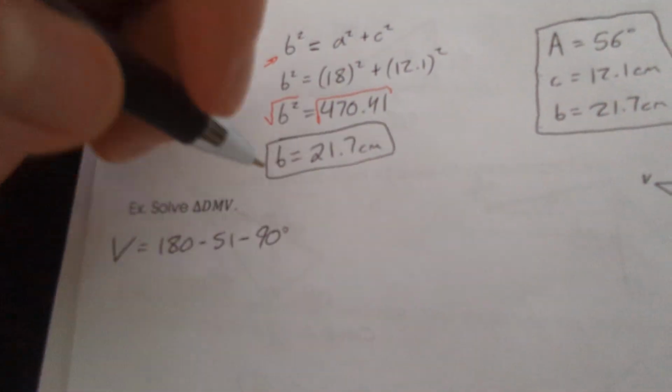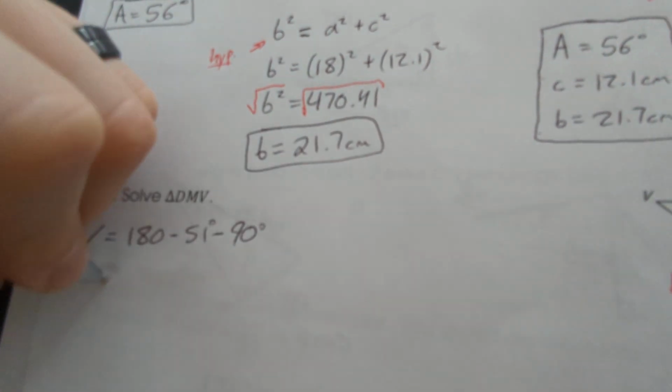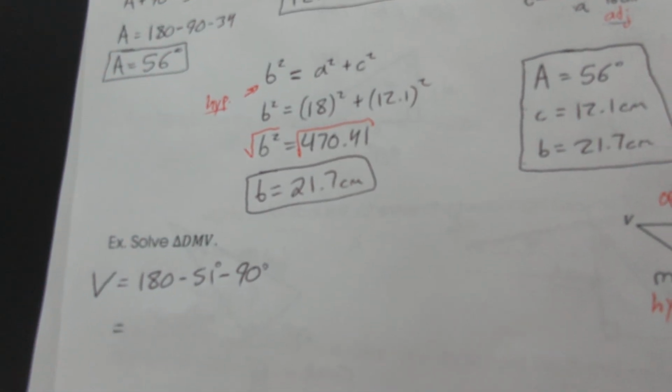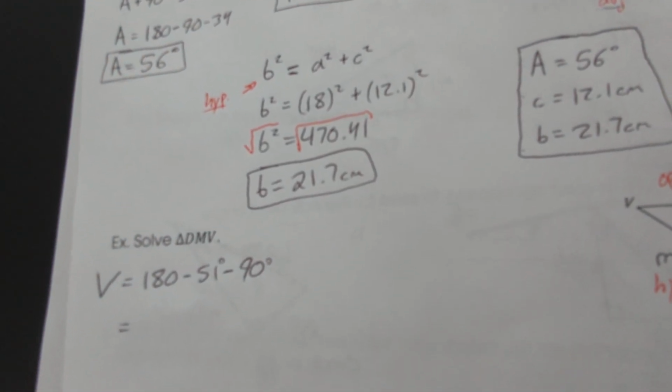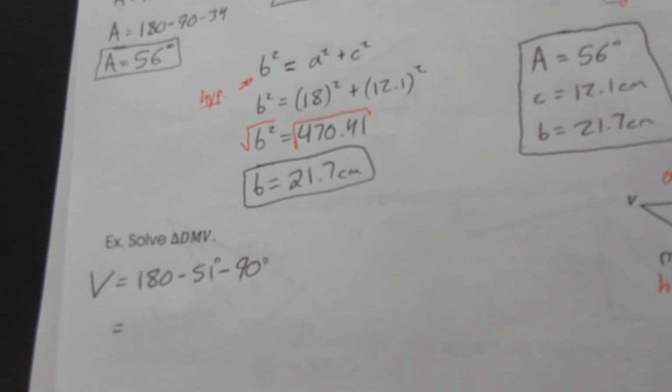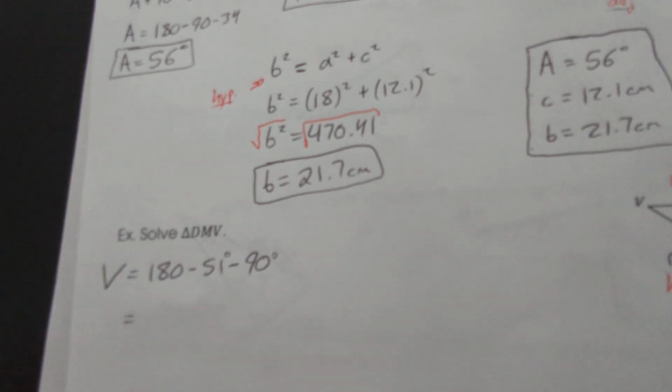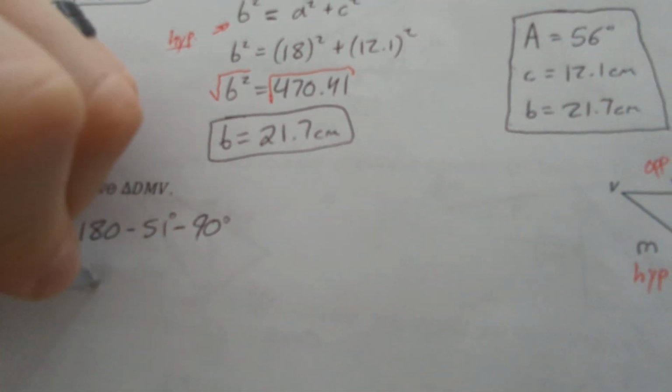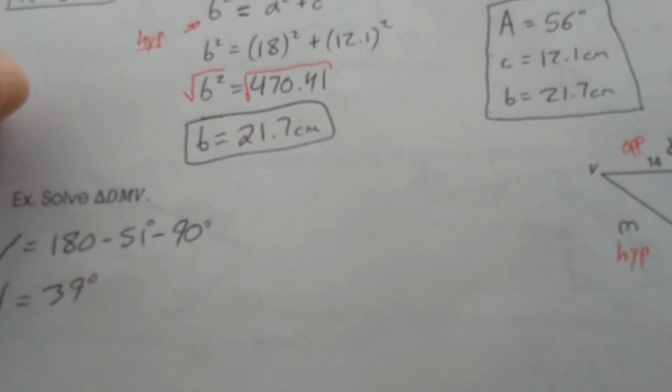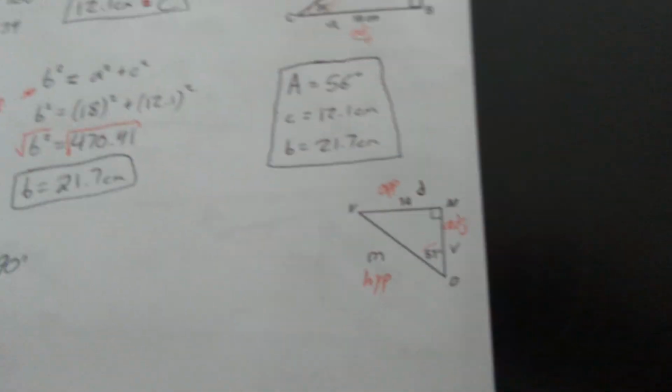Our two angles are 51 degrees and 90 degrees. And if we do this, we should get 39 degrees. So capital V, angle V, is 39 degrees.